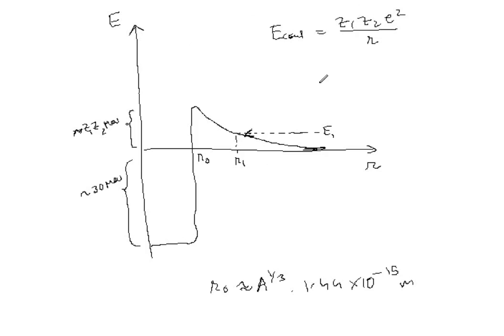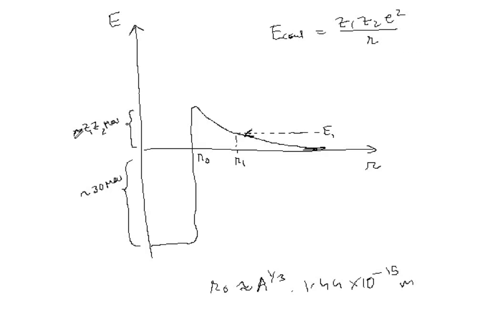I am using the CGS units. I can use that, right? Fine. So this is the repulsive Coulomb force for particles with charges Z1 and Z2. I am just taking an order roughly.